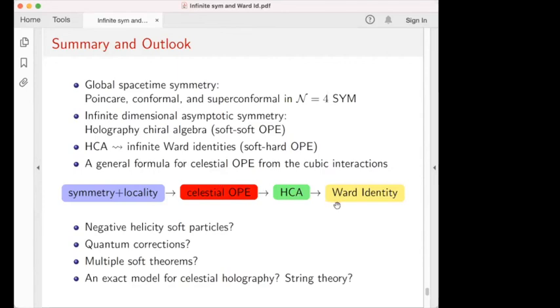For example, the leading and subleading soft theorems are essentially just performing many transformations and getting something in celestial CFT, but there's nothing essentially new. But I think this infinite dimensional algebra, like this W1+infinity algebra, is new. People would never have expected it from traditional scattering amplitudes in the past.